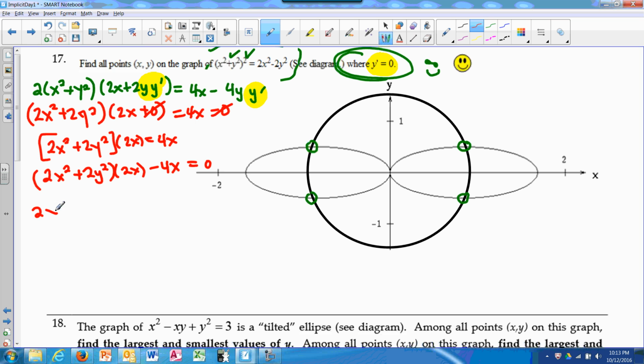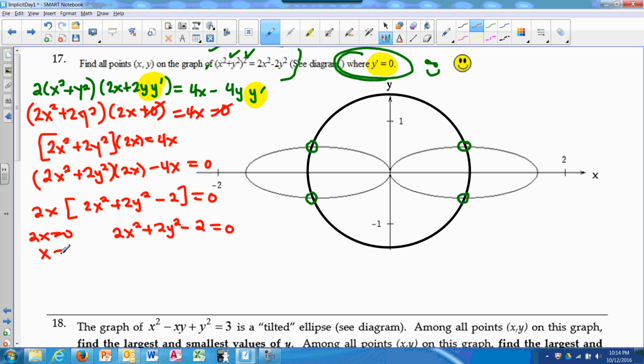So I can factor out a 2x. 2x squared plus 2y squared minus 2 has to equal 0. So 2x equal to 0, or 2x squared plus 2y squared minus 2 has to equal 0.